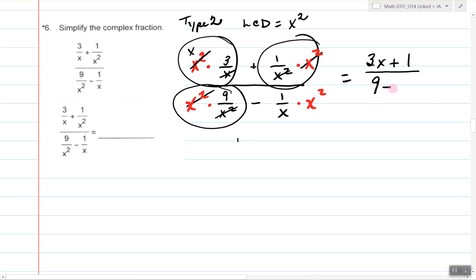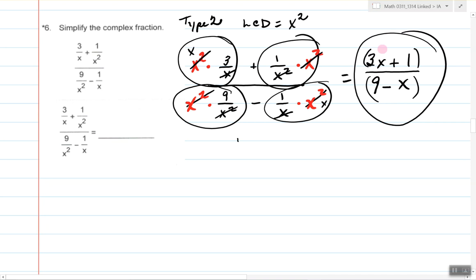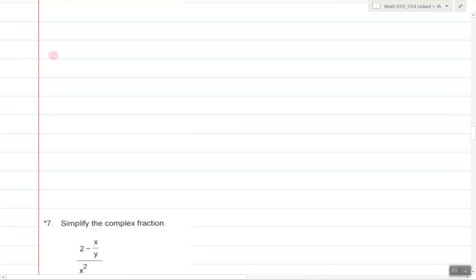I have a minus sign. This x divides out one of those x's, and I have a single x left over. I cannot factor the numerator. I cannot factor the denominator. I'm done. So, number 6 was pretty short, even though it was type 2. Let's look at number 7.